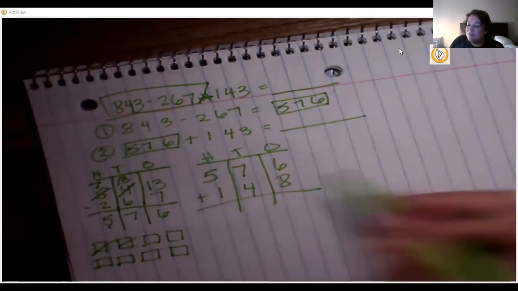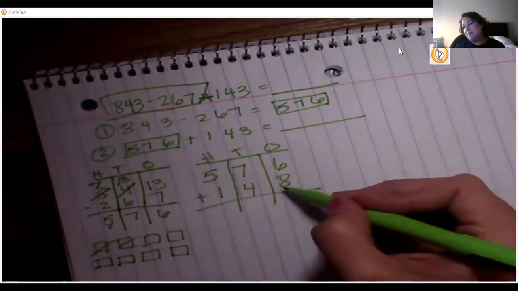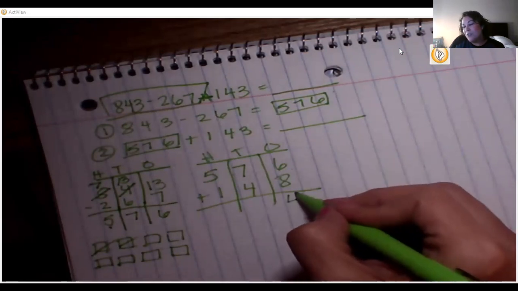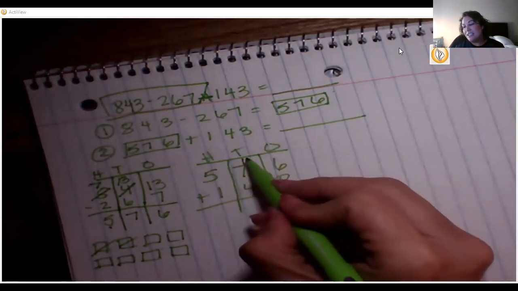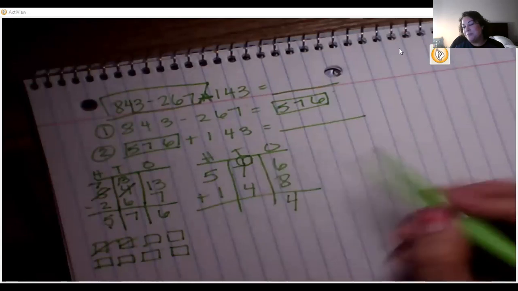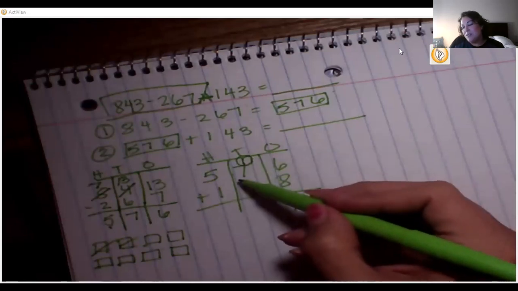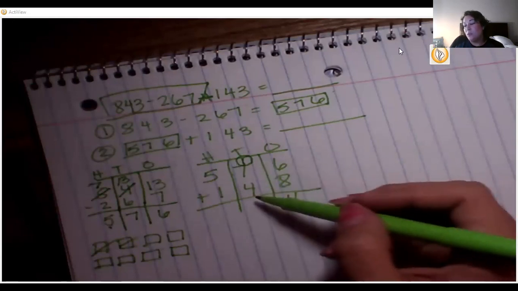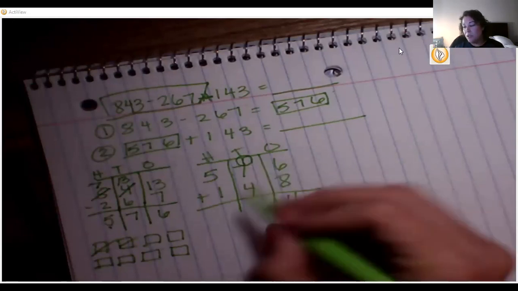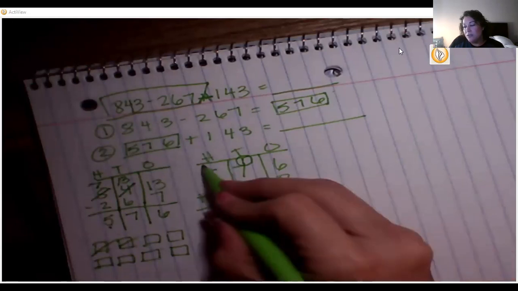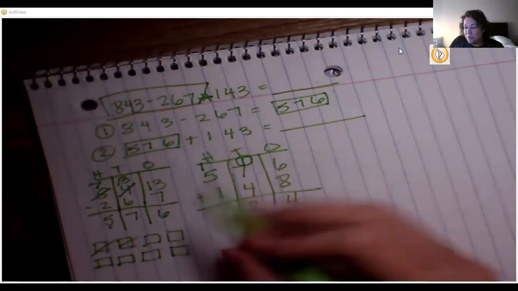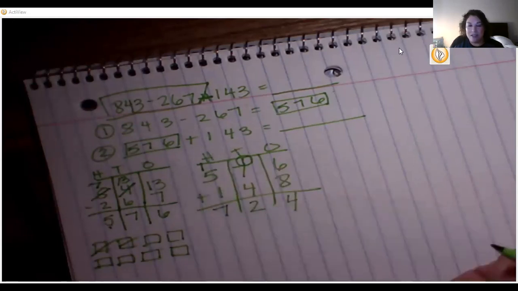143 to that. 8 plus 6, 14. Regroup. 1 plus 7 plus 4. 7 plus 4, that's 11, plus 1 more, gives me 12. 5 plus 1 is 6, plus 1 more is 7.